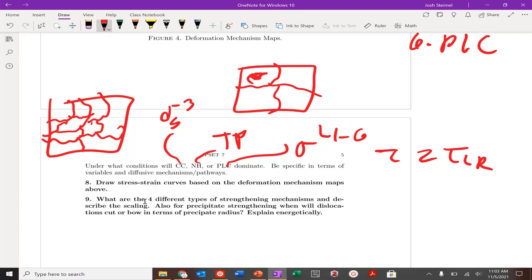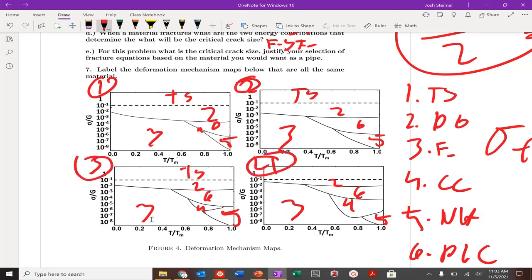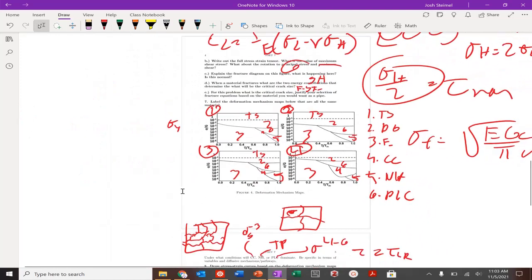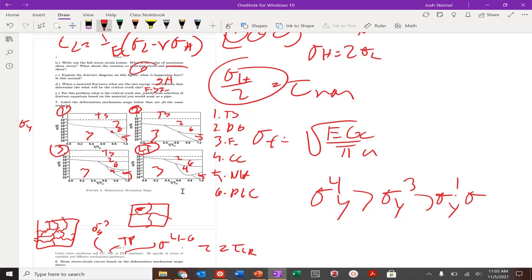Draw the stress curves based on the deformation mechanism maps below. So I'm going to label this 1, 2, 3, 4. Let's zoom out. I know that my yield strength of 4 is greater than my yield strength of 3, which is greater than my yield strength of 1, which is greater than my yield strength of 2.